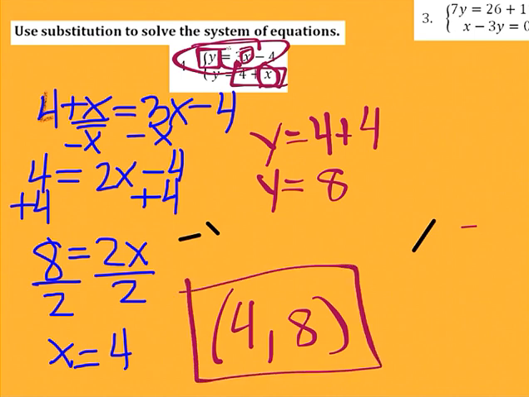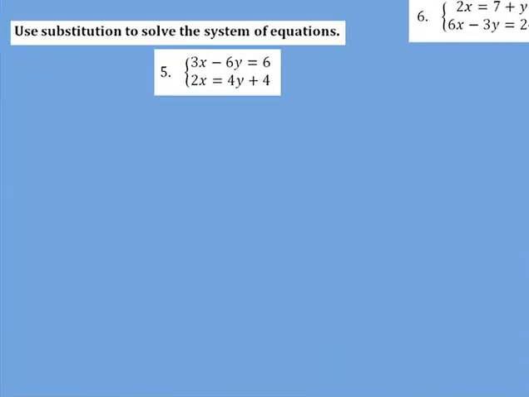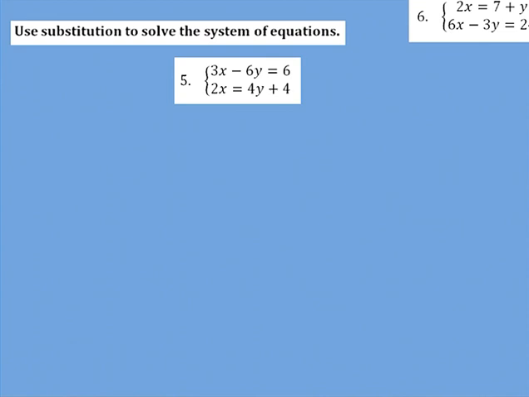Let's take a look at 5 and 6. Taking a look at number 5 to start off with, it's almost already solved for x. Actually, I notice that I can divide both sides by 2, and it will be solved for x. When I do that, I get that x is equal to 2y plus 2.